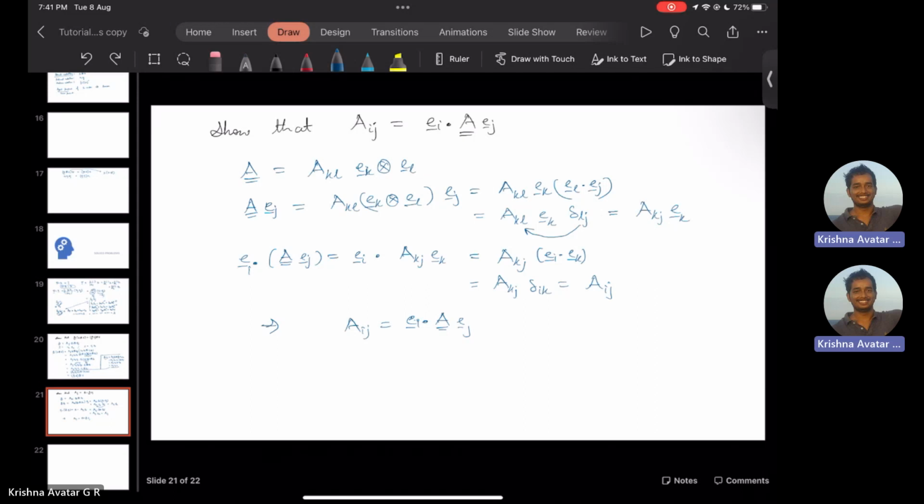So let's review further some of what we call the invariants.